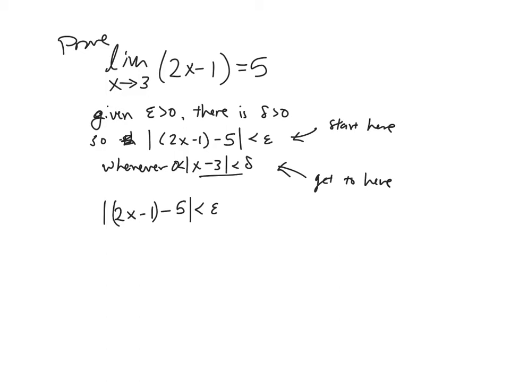So I'm going to take 2x minus 1 in parentheses minus 5 and make that 2x minus 6 is less than epsilon. And I'm trying to get x minus 3 in parentheses, and I notice that if I take 2 and factor it out, I get x minus 3 in parentheses there. And next I can factor the absolute value of 2 out.